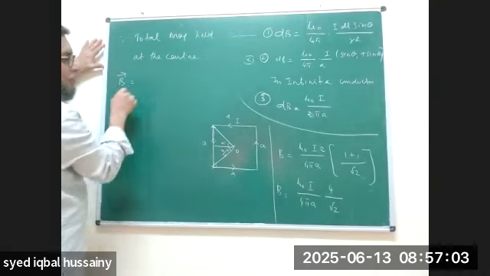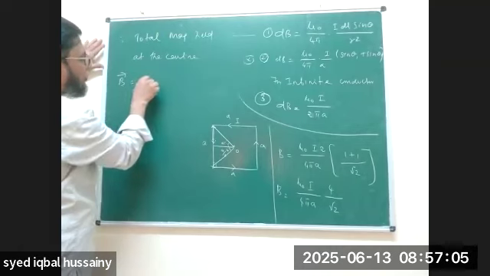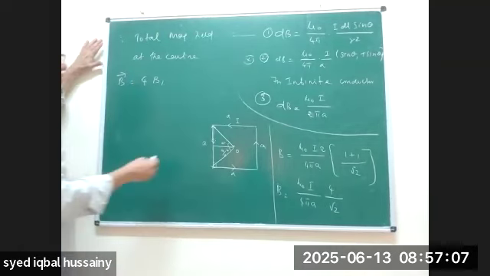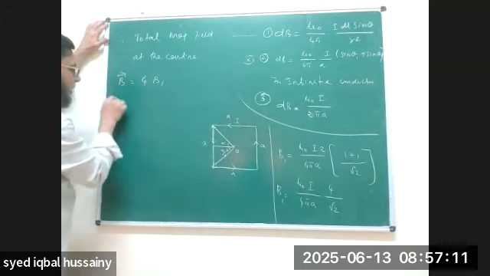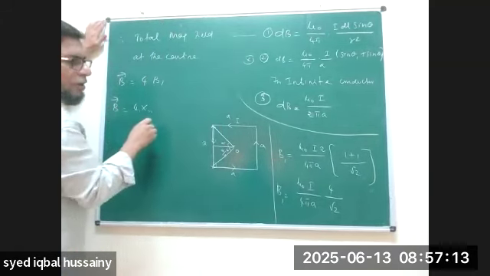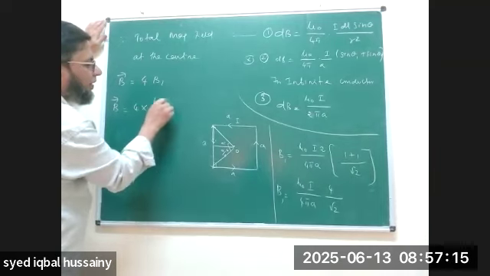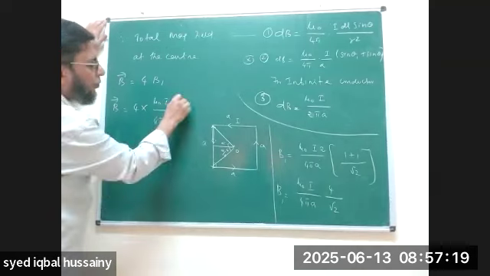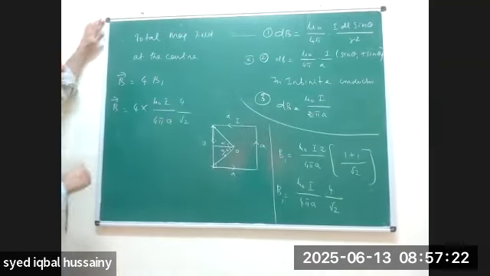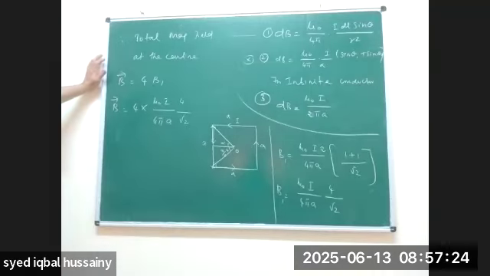B vector will be equal to 4 times B1. What is B1? First one. So 4 times B1, which is mu naught I divided by 4 pi A into 4 by root 2. Is that correct?